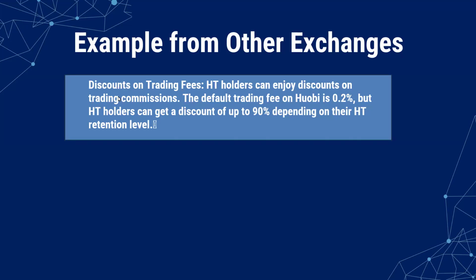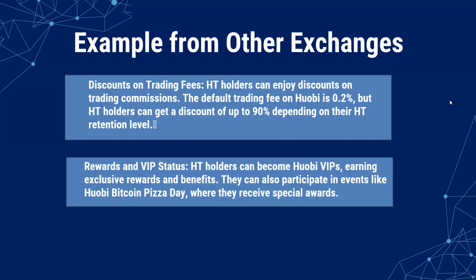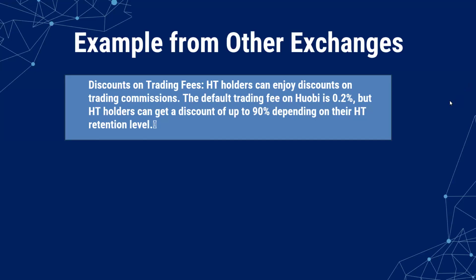HT holders can enjoy discounts on trading commissions. The default trading fee is 0.2%, but depending on how many HT tokens you hold in your wallet, you are able to get a discount of up to 90% of this 0.2%. This is one example which in UBX we will also introduce in time to come.